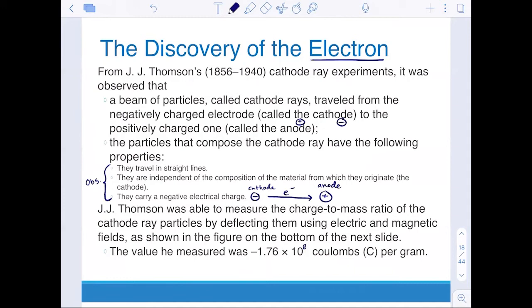He was able to get this value, negative charge being the electron, negative 1.76 times 10 to the 8 coulombs, which is an electrical charge, per gram. So this is a charge to mass ratio. Notice charge in coulombs divided by grams.